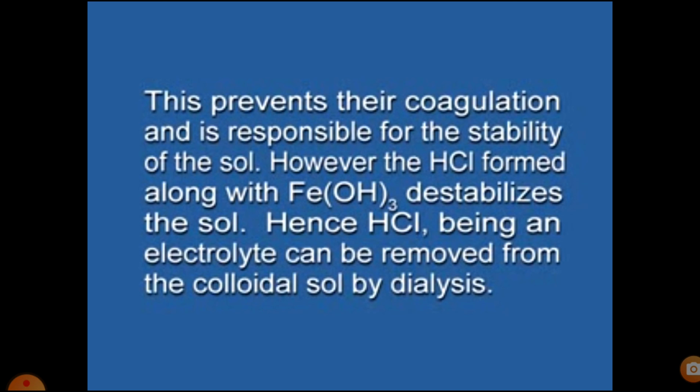However, the HCl formed along with ferric hydroxide destabilizes the sol. Hence, HCl, being an electrolyte, can be removed from the colloidal sol by dialysis.